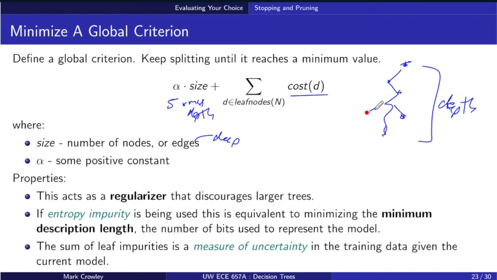And it could be that some parts are shorter, but there is some node that's 10 down: 1, 2, 3, 4, 5, 6, 7, 8, 9, 10, right? You could say, well, I don't want it to be too big. So this way you're saying as the size gets bigger, the cost just gets higher regardless. So even if you got a really low cost split, eventually this will dominate it and you would stop, right?